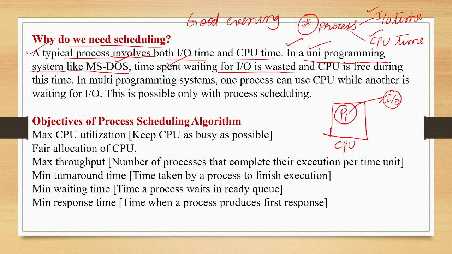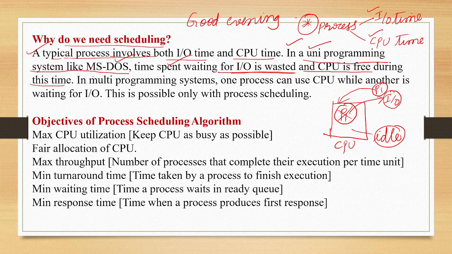That time, process P1 is using IO time, and the CPU will become idle until process P1 comes back and completes its task. This is CPU idle time. Time spent for IO is wasted and the CPU is free during this time. We are wasting the CPU time.